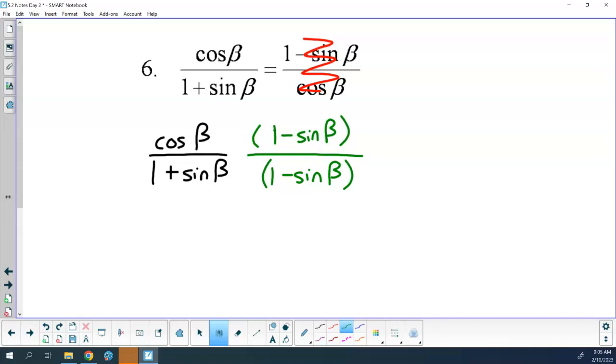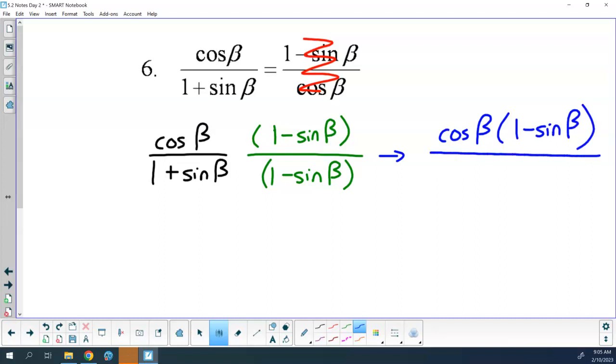By doing that, on the top over here, we get cosine of beta times 1 minus sine of beta.